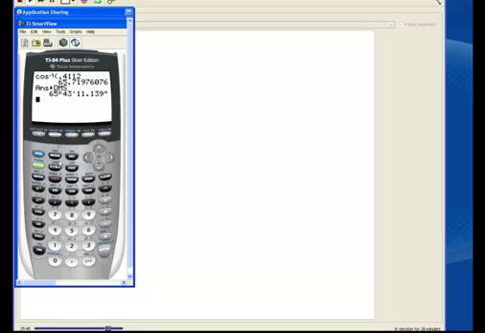So let's see, the next one is going to be inverse sine of 0.9954, and my estimate was 85 degrees. In fact, that is 84.50. And again, I do second angle DMS, and it automatically uses the last answer when we access that function on the calculator.